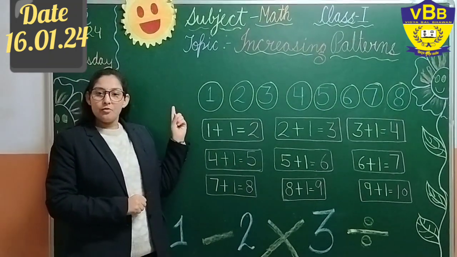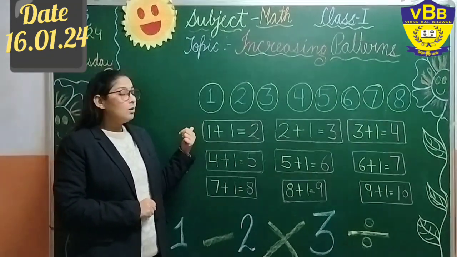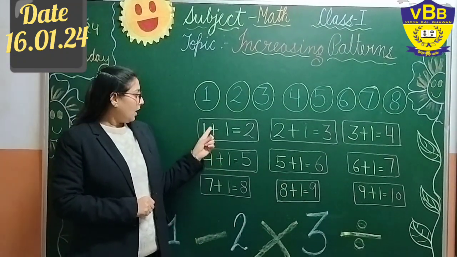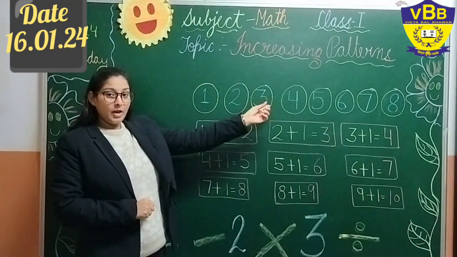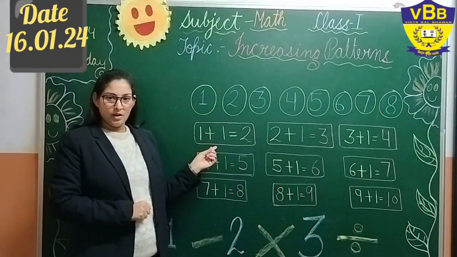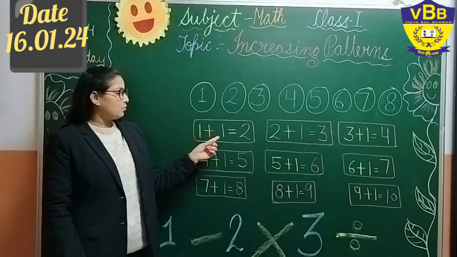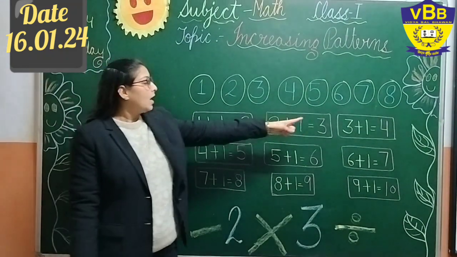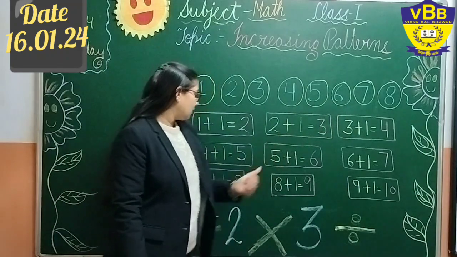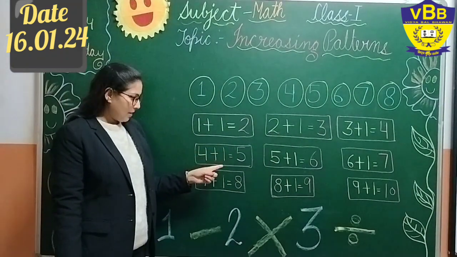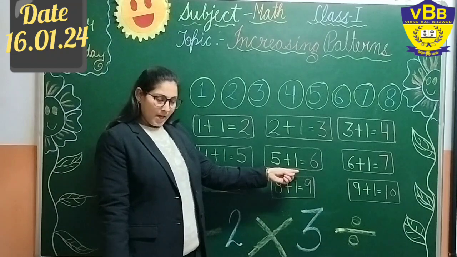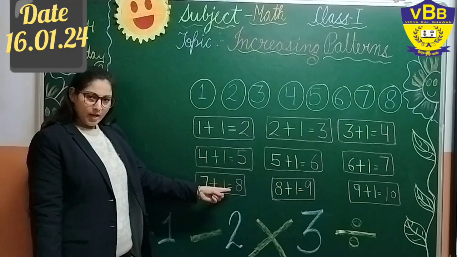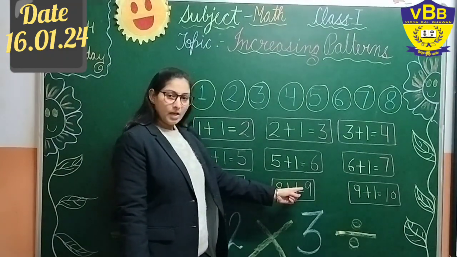Look at here. Here we are following the rule adding 1. Every time you can observe we add 1 to each number. 1 plus 1 is 2. 2 plus 1 is 3. 3 plus 1 is 4. 4 plus 1 is 5. 5 plus 1 is 6. 6 plus 1 is 7. 7 plus 1 is 8. 8 plus 1 is 9.